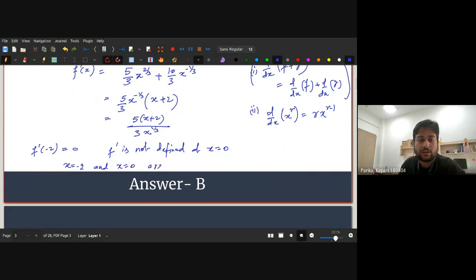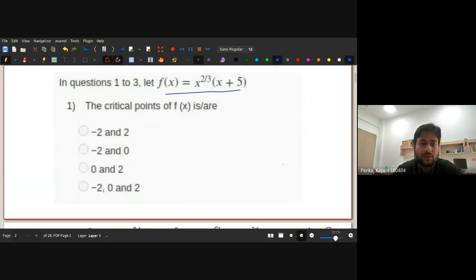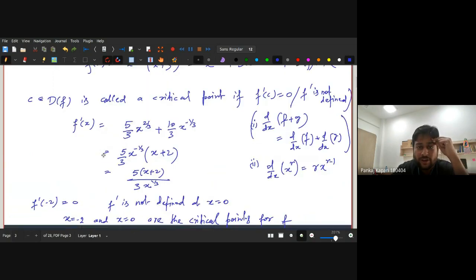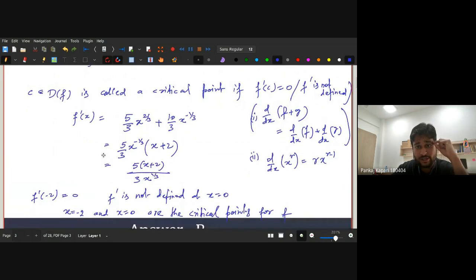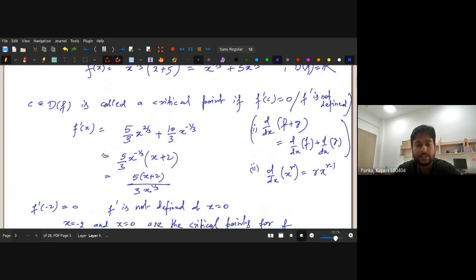These two are the critical points for the function f. So the second option is correct here. We have two critical points: one is x equal to minus 2, where the derivative vanishes, and the other is x equal to 0, where the derivative is not defined. Okay, any questions?